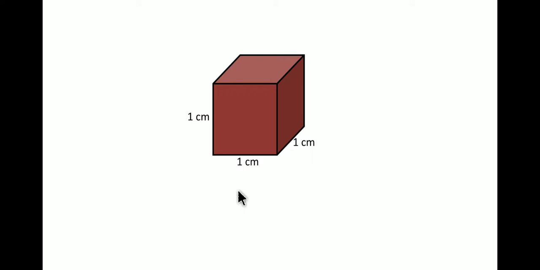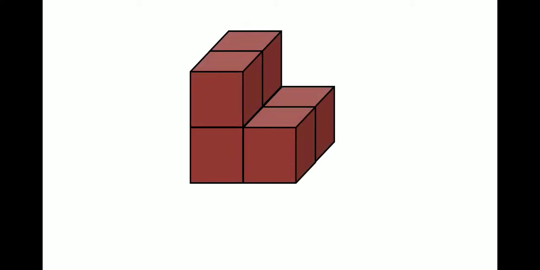So let's see, if we have a solid like this, then what will be the volume of this solid? This solid is divided into different cubes, kept on top of the other and adjacent to the other cubes.